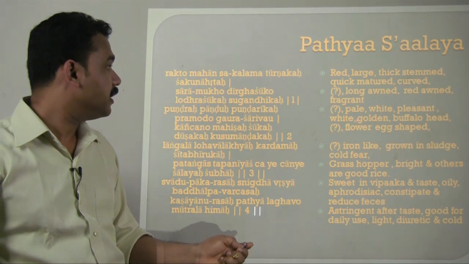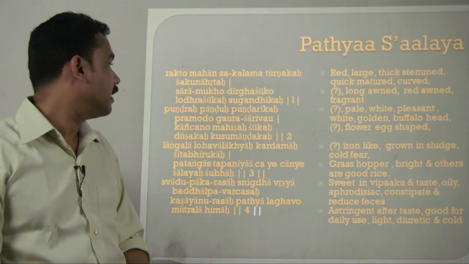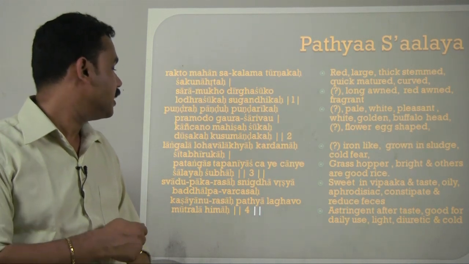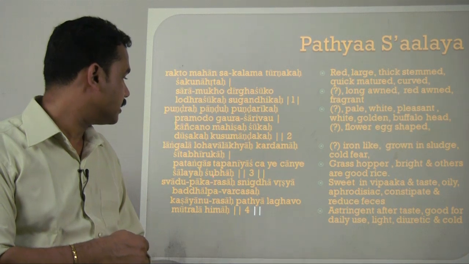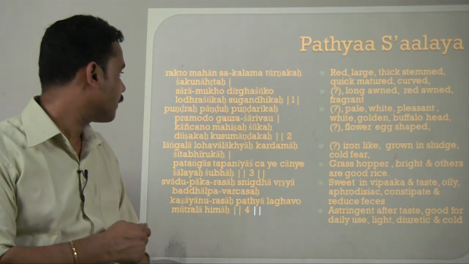So it is interesting that there was already Kanchana, a golden or yellowish rice, which was considered shubha, good and auspicious.